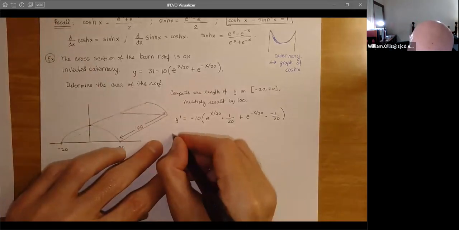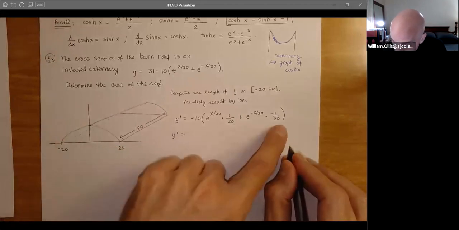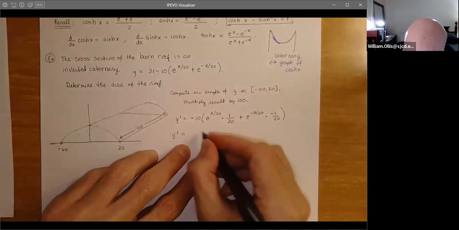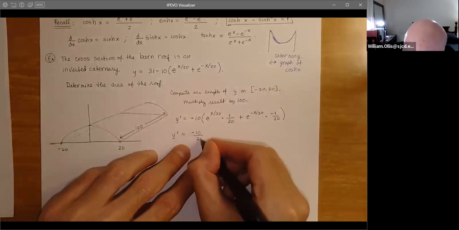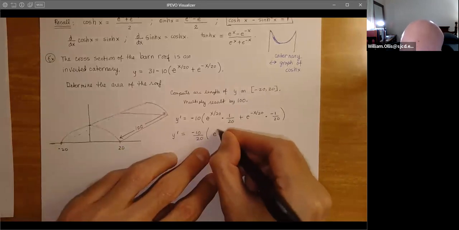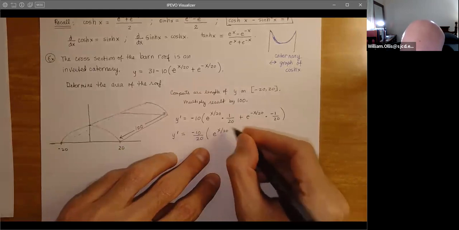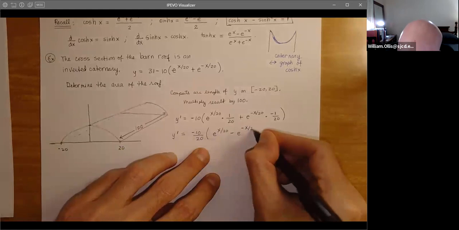So now we have y prime. And if you like, you can go ahead and factor the 20 in this case. So we have negative 10 over 20, and this leaves us with e to the x over 20 minus e to the negative x over 20.